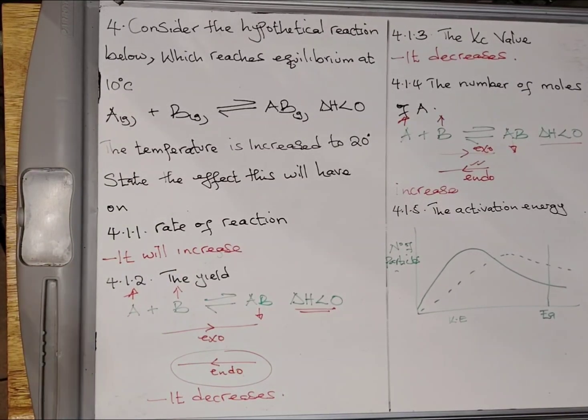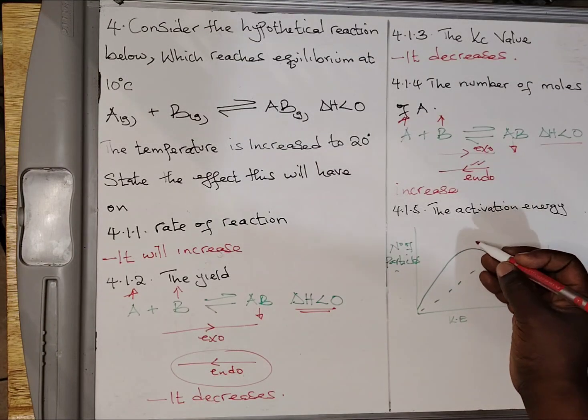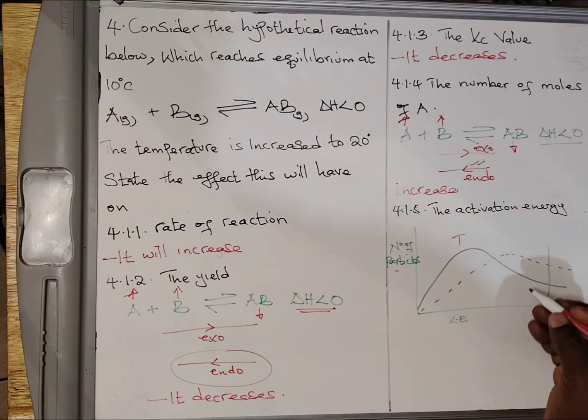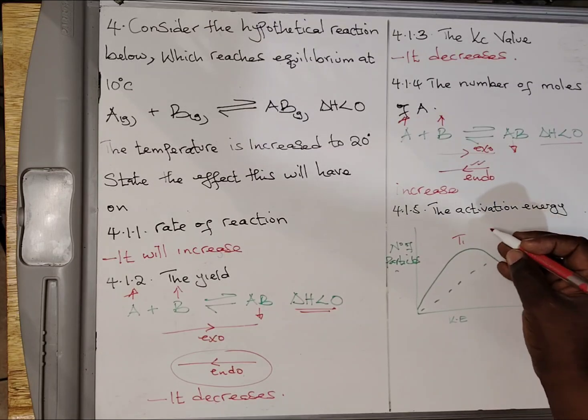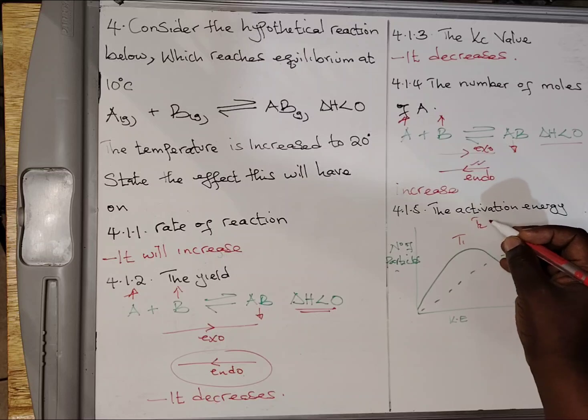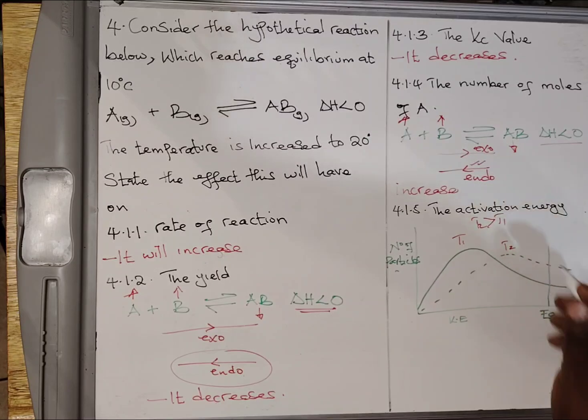Now this diagram can help us to understand the effect of change in temperature on activation energy. This is what we see. We are seeing this one at T1 and this one at T2, where T2 is greater than T1.